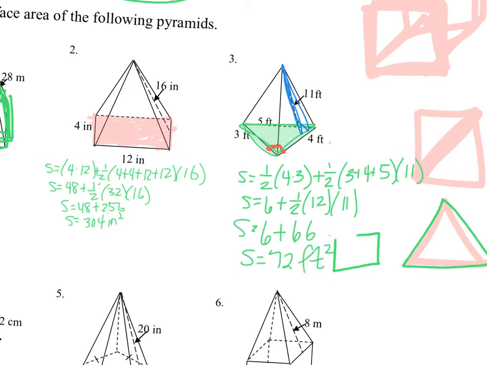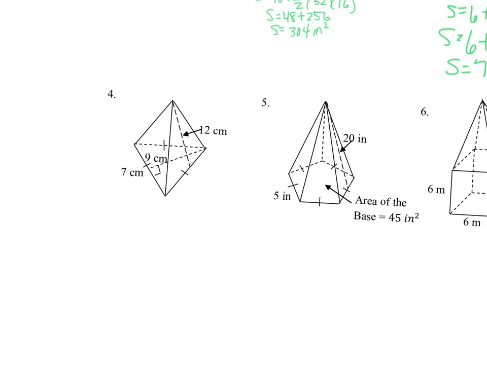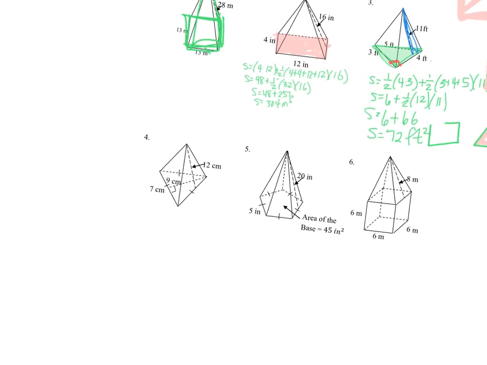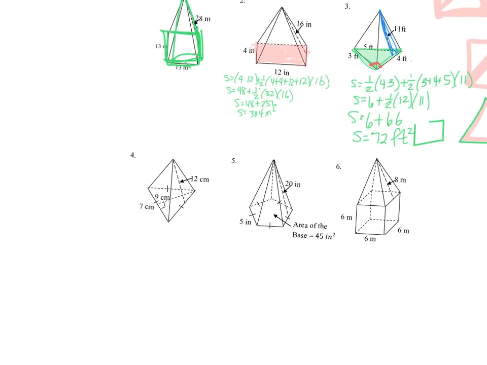So pause the video, and I want you to take a look at number 4. You'll see that again, it's another triangular pyramid. So your base is going to be that triangle. So you're going to find the area of your triangular base, that bottom piece here. That's the one thing I really like about pyramids, is that a lot of times the base is the bottom.